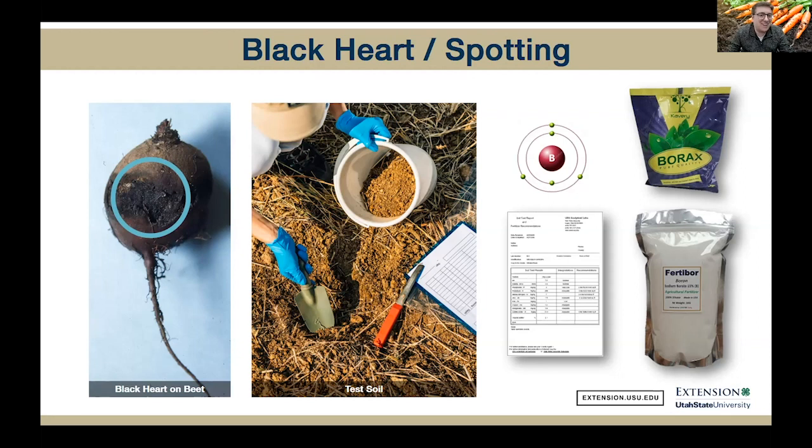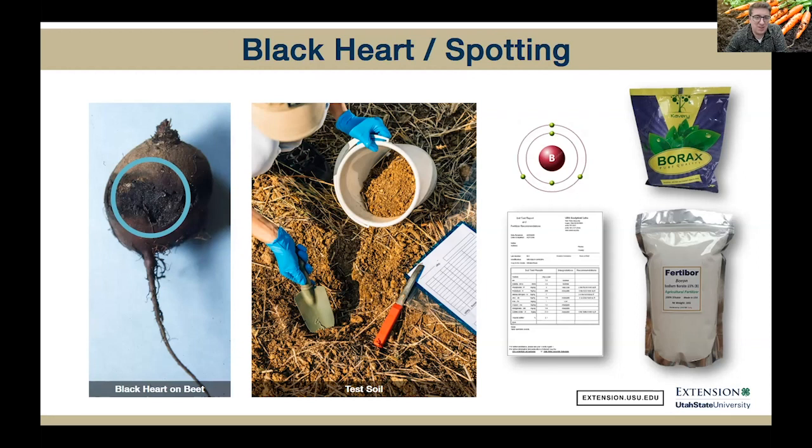The obvious way to treat it is just to add some boron to your soil. But again, I don't think that's much of a problem here. But I do recommend doing a soil test for your farm, especially if you're on a large farm, and just see what your nutrient status is from year to year.